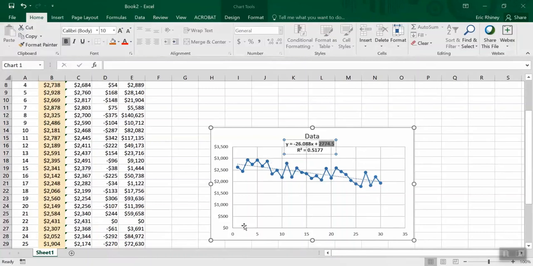So this means as we move further out, we are actually trending down a little bit. As we move month to month, we're actually going to be losing $26. So that's not very good for my writing business, and I need to look at that overall and see if I can turn that trend line up, but that's for a different discussion.